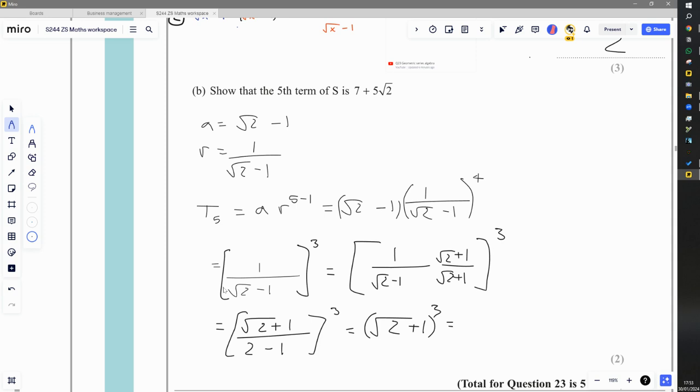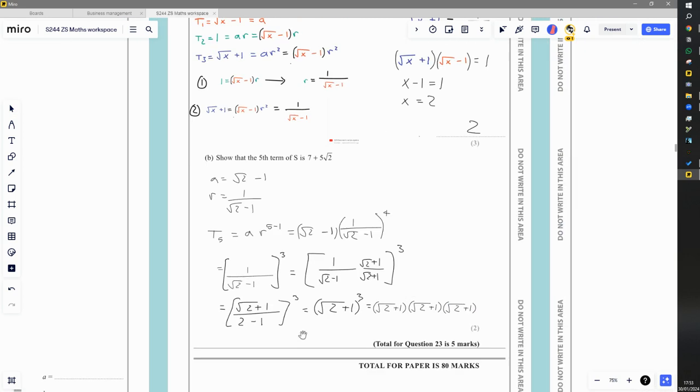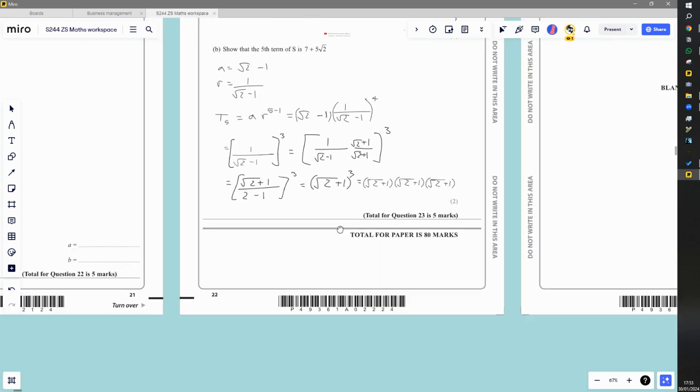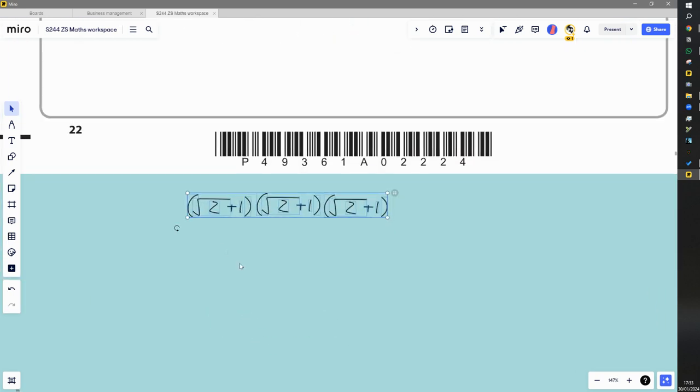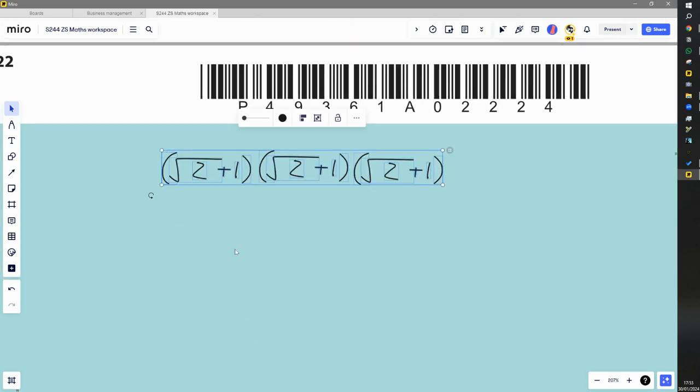Okay, so now let's do that. The best way to do this is by getting three of them like that, doing the first two, and then multiplying it out by the second one. We're running out of space again, so I'm just going to do it off the page. In the exam, you'll want to write a bit smaller than I'm writing at the moment.